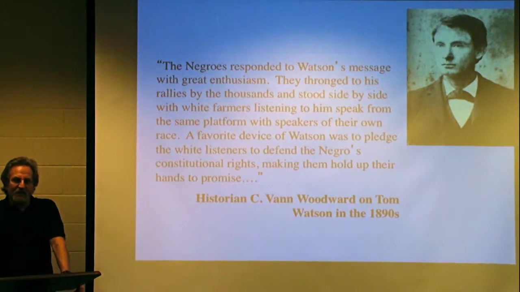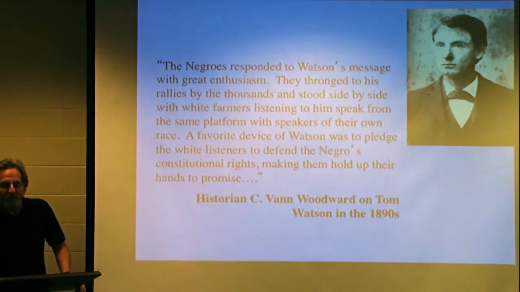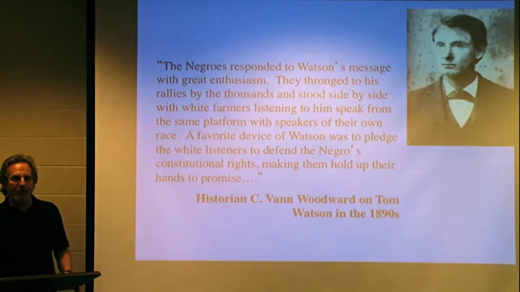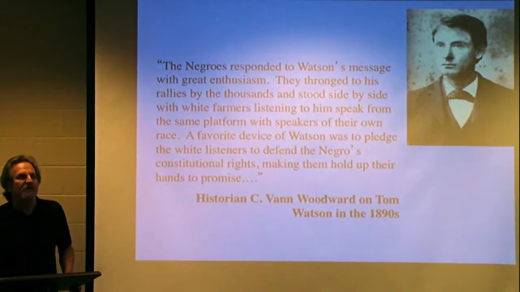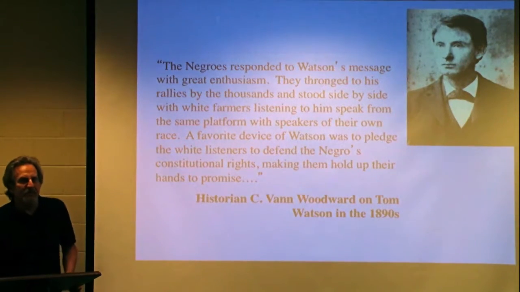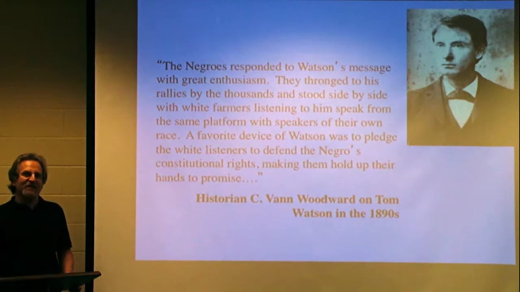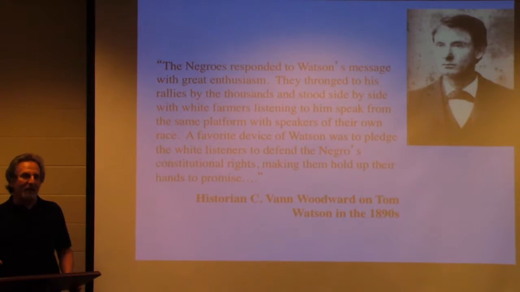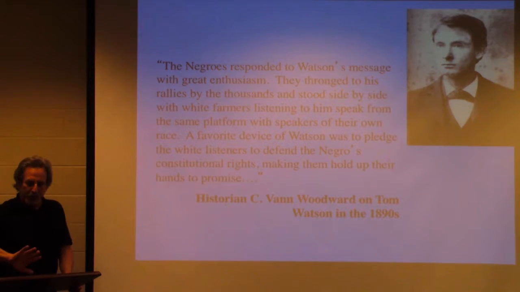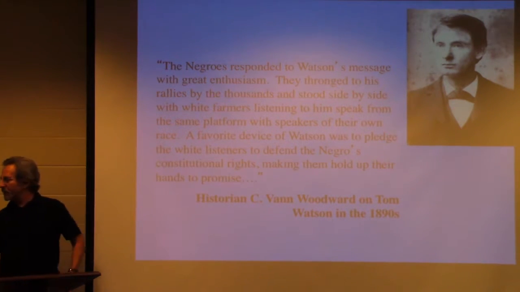And so when Tom Watson returned to politics, he returned committed to dispelling any possibility that he, Tom Watson, could be accused of fostering Negro domination. He returned to politics intent on disenfranchising, taking away the vote of black people. No longer uniting black people with white people, but pushing black people out of the political arena entirely.